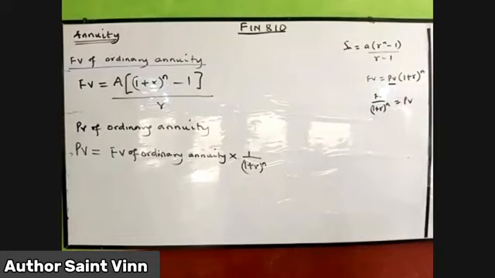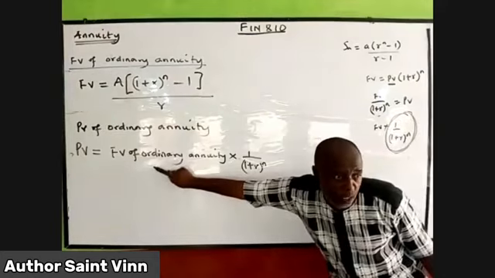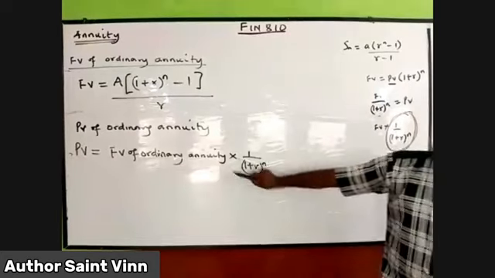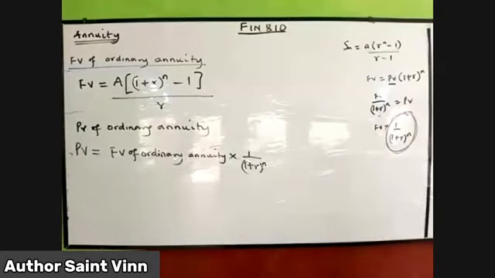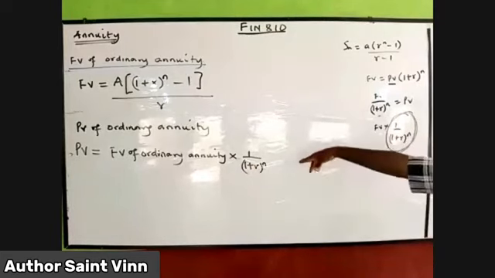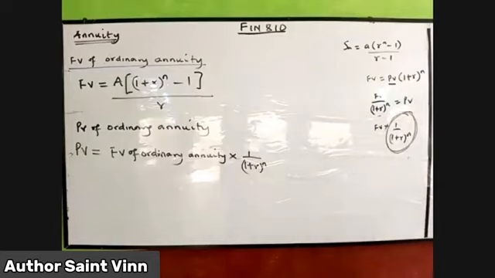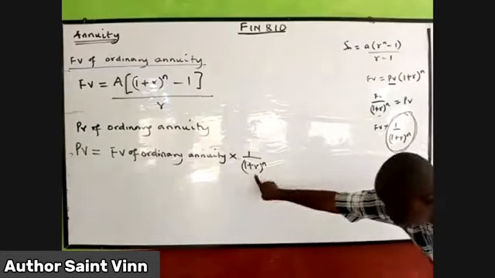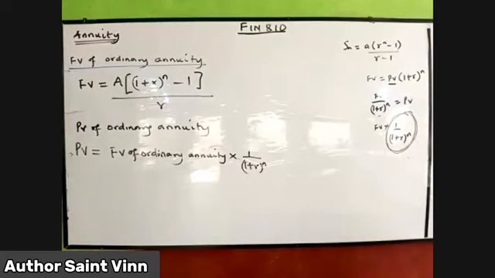When you are discounting, I also told you it is the same thing as 1 over 1 plus R. So this is the discount factor, anytime, any day. Because I have known the future value, I will discount the future value to get present value. Is it clear? Discounting factor, very important. We'll keep on using it, even when we come to capital budgeting, we'll still talk about discount. We won't change. So that beginning is very important.